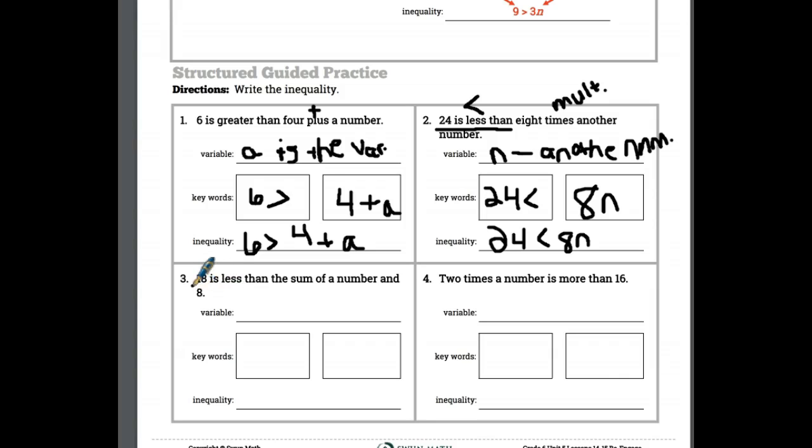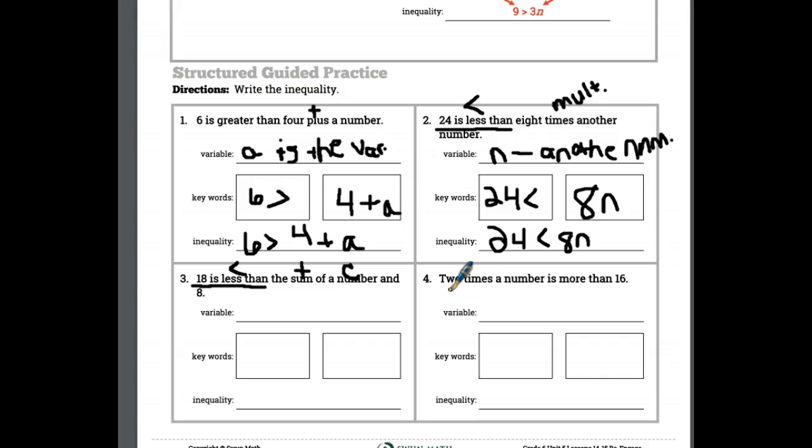So I'm going to underline, and you're doing this on your page. 18 is less than. Sum means you're going to be adding. Of a number, there's your variable. I'm going to put C, and that's what you're going to list here. And 8.